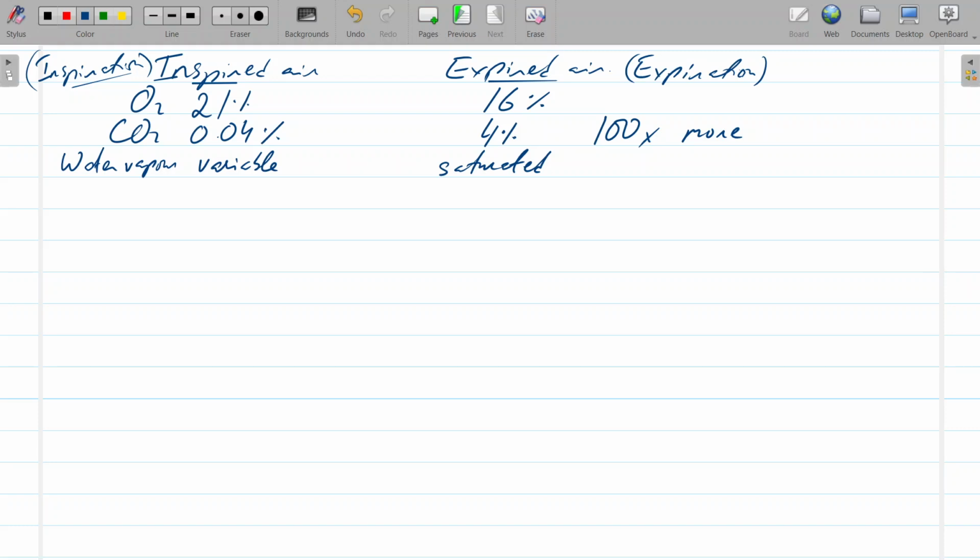Any questions? No. And another thing that expired air has is heat. So through breathing, heat is lost from the body. The expired air is warmer as compared to the air you take in.